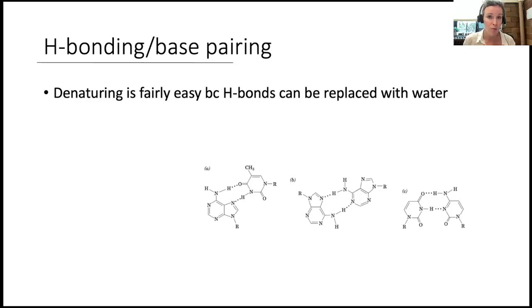Hydrogen bonding in aqueous solution is not going to be the strongest type of interaction, because if we break a hydrogen bond in aqueous solution, we can easily reform that bond with water. So hydrogen bonding and base pairing is important, in particular because the base pairing allows great alignment of those 2 or 3 hydrogen bonds, but it is lower on the rung of importance for DNA stability.